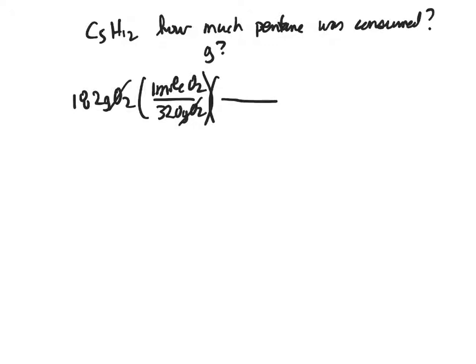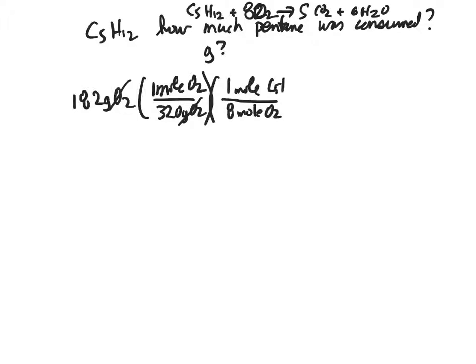Now we need our stoichiometric ratio. We go back to our balanced chemical equation that said that C5H12 plus 8O2 react to make 5 carbon dioxide plus 6 water. And so for every 8 moles of oxygen, we consume 1 mole of pentane.